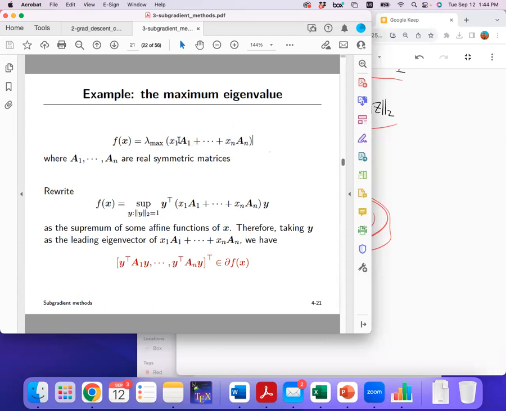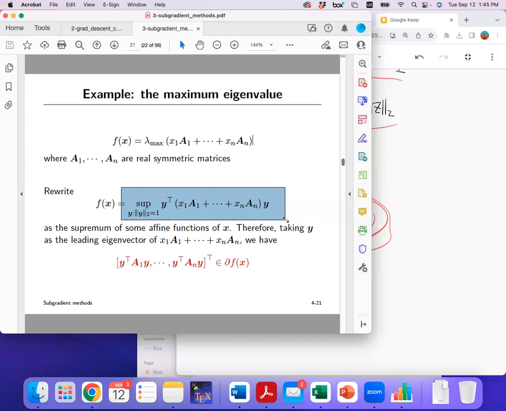These A_i are real symmetric matrices, so they have eigenvalues. This is a function: given an x, the maximum eigenvalue is determined, depending on A1 up to An.